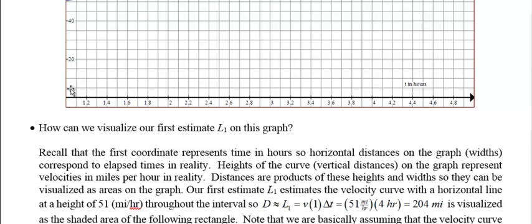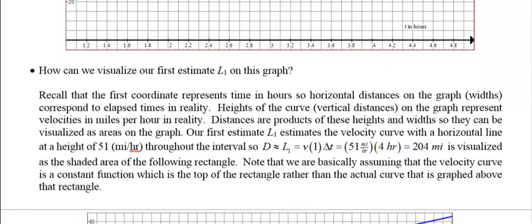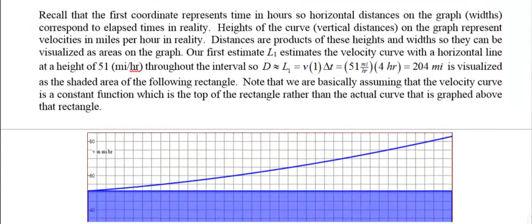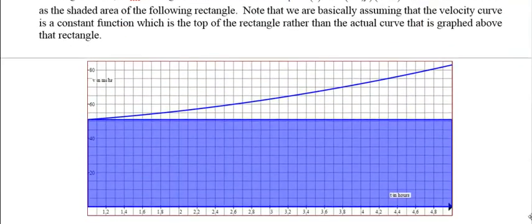And we assumed that the height was 51, which is the height right here at the left. Well, notice what we ended up doing. We're multiplying a horizontal distance by a vertical distance. That's an area on this graph, an area of a rectangle. So in fact, that boils down to being the area of this rectangle. And so this is what our L1 estimate looks like on the graph.